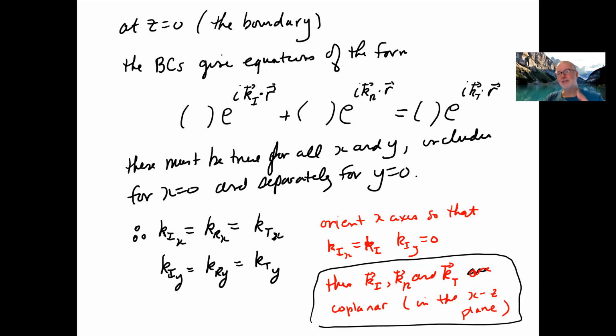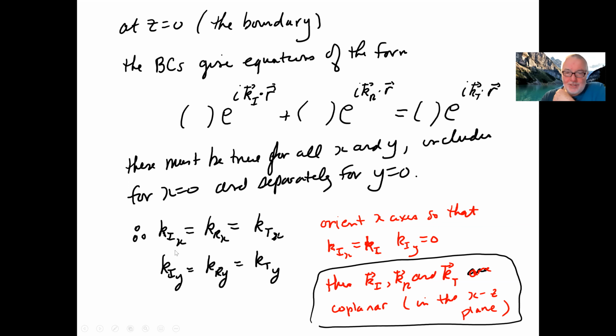It was trivially true that it would be everywhere when k was equal to either z hat times something or minus z hat times something. But these must be true for all x and y, including for x equals 0 and separately for y equals 0.